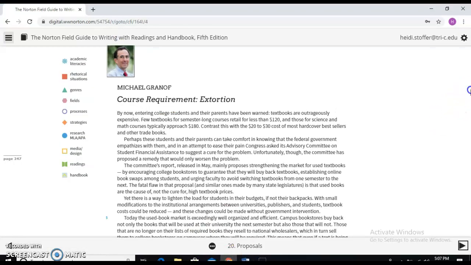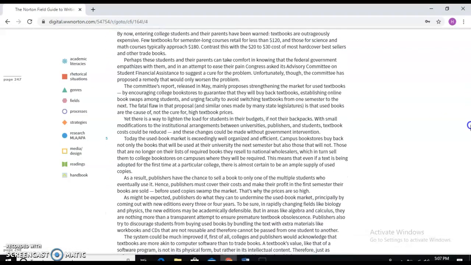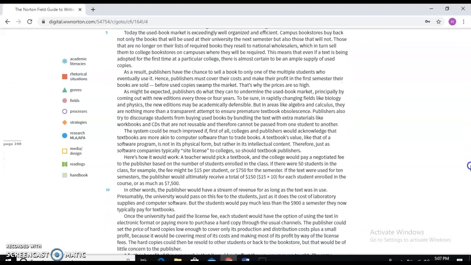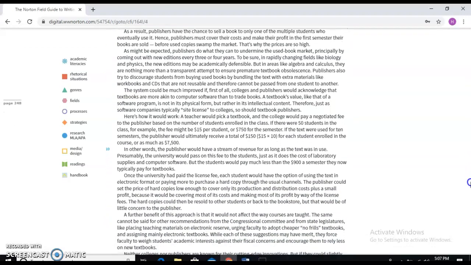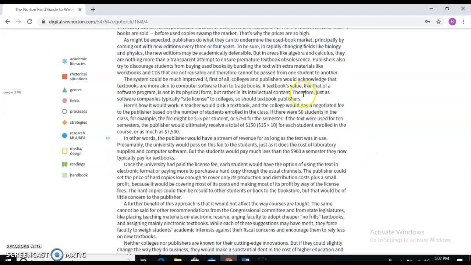It's not until page 248, a couple pages in, where he actually comes out and states his thesis. So right here, he says, "Therefore, just as software companies typically cite license to colleges, so should textbook publishers."